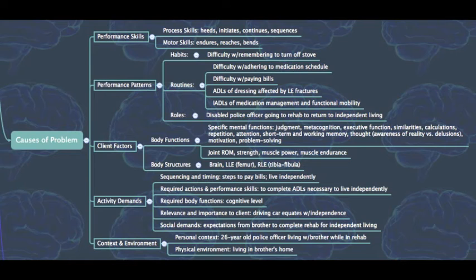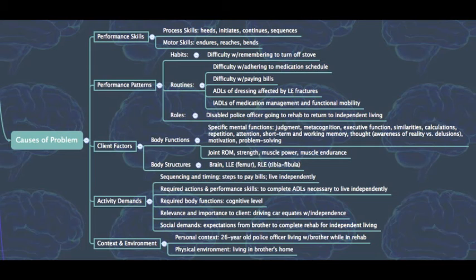Client factors affected: body functions, particularly specific mental functions of judgment, metacognition, executive function, similarities, calculations, repetition, attention, short-term and working memory, thought, awareness versus reality and delusions, motivation, problem-solving, joint range of motion, strength, muscle power, and muscle endurance. Body structures affected are his brain, lower left extremity, the femur, and the right lower extremity, tibia, and the fibula.